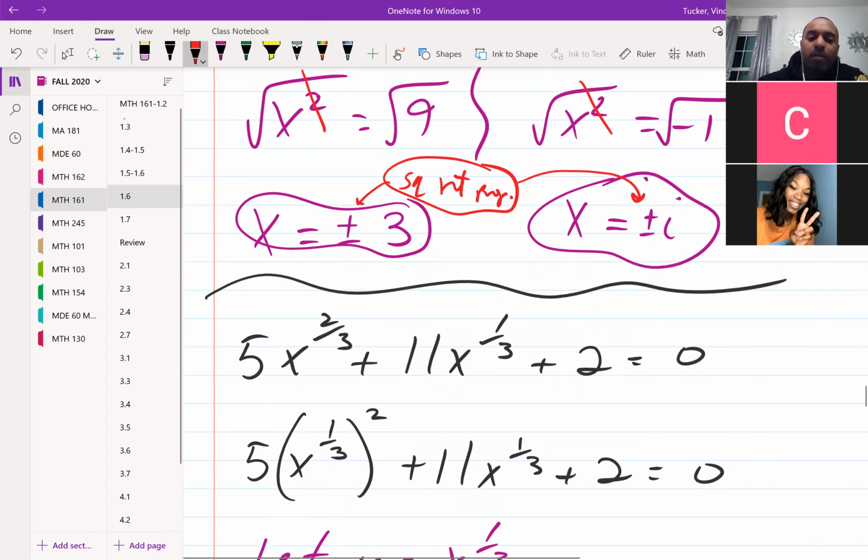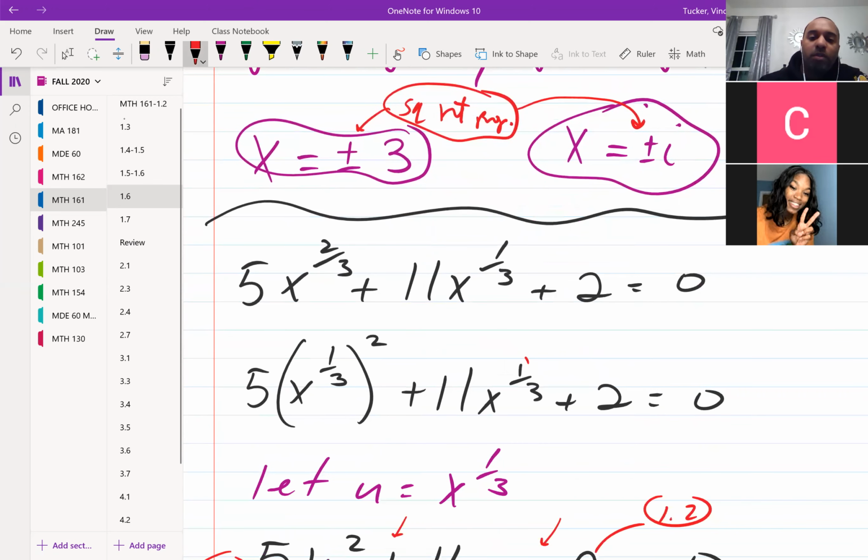All right, so just like before, let u be equal to this part, x to the 1/3.